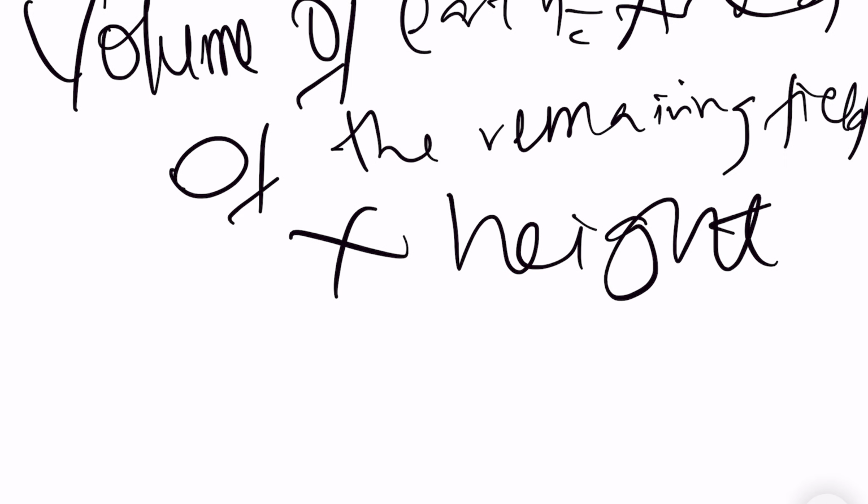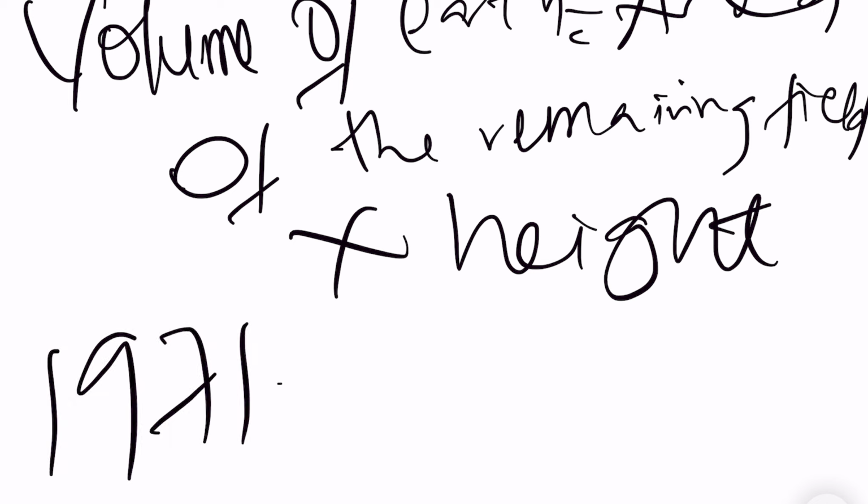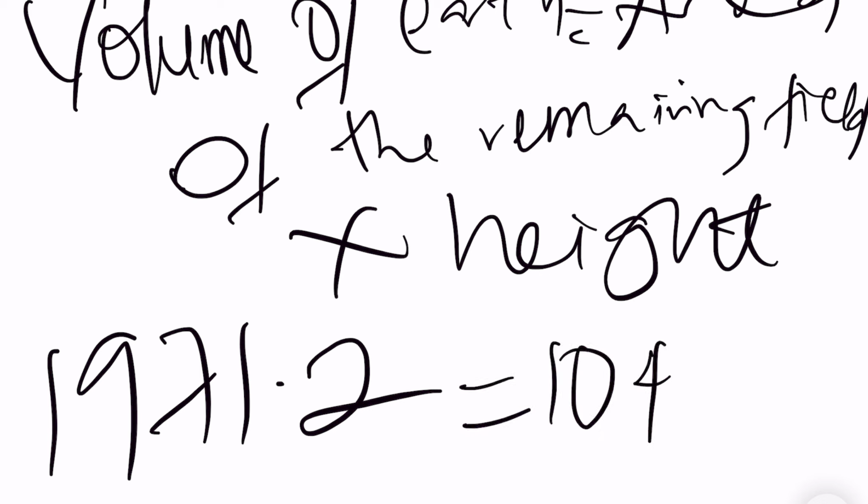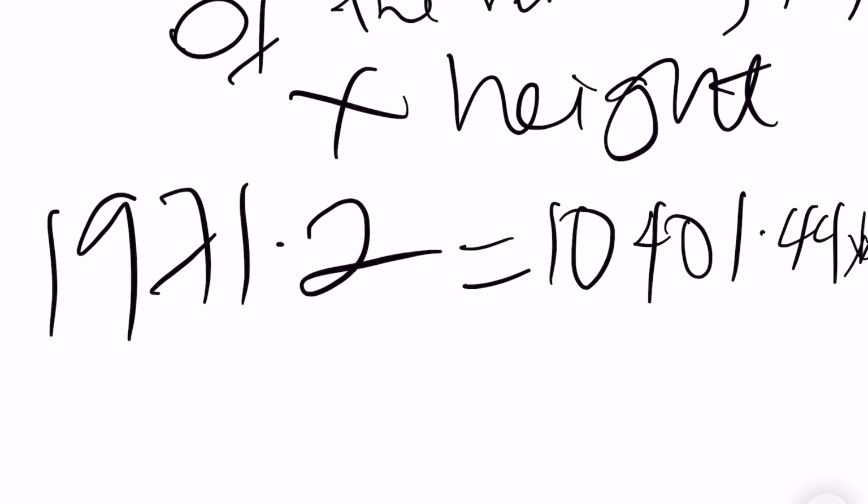Now we solved the volume of the earth from which the cylindrical well was dug, and we have it to be 1971.2. We have the area of our remaining field to be 10401.44 times height.